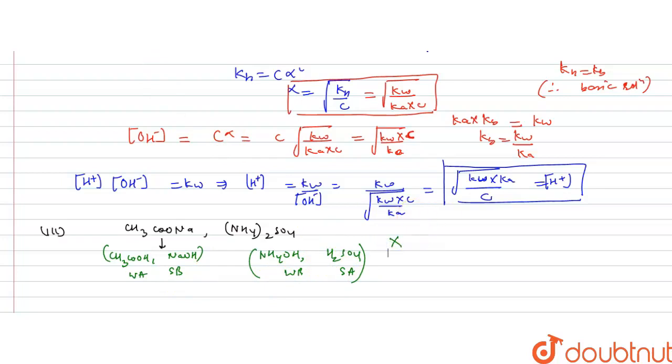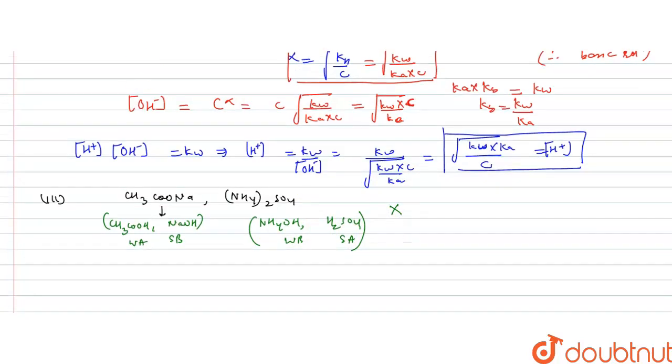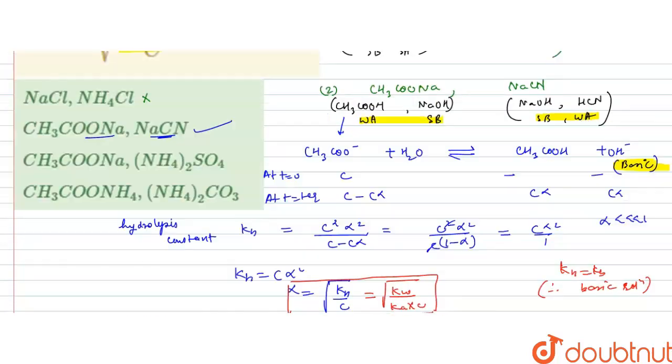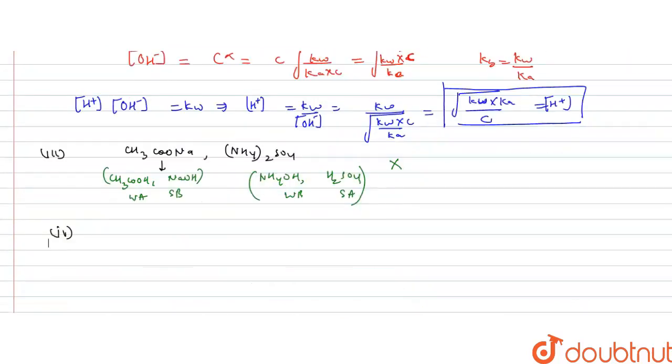Then the last option given is CH3COONH4 and ammonium carbonate. This is ammonium acetate and ammonium carbonate.